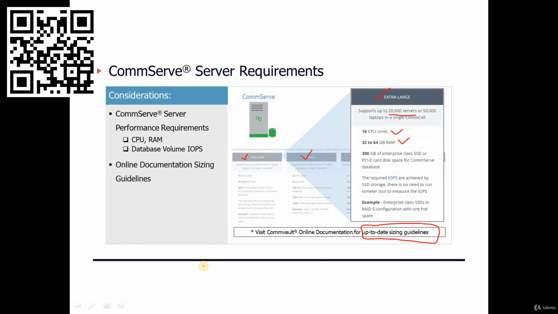Now if you are planning to build your own lab, and you can download the software from the Commvault website, as I have shown in my previous lecture, we are okay with 4 vCPU if it's a virtual environment, and 16 GB memory.